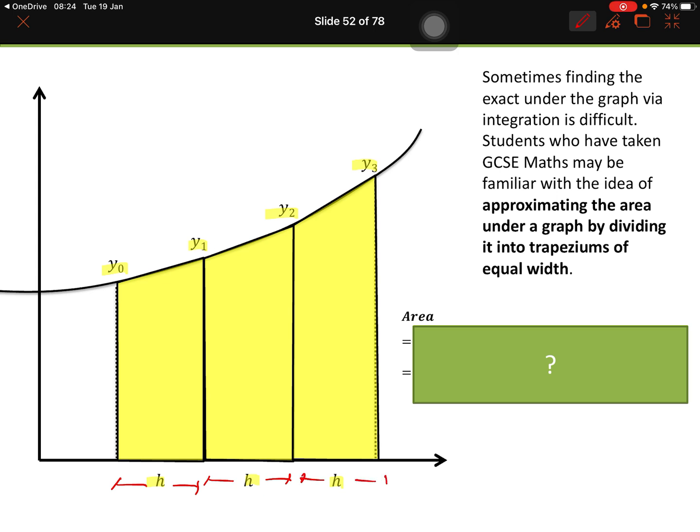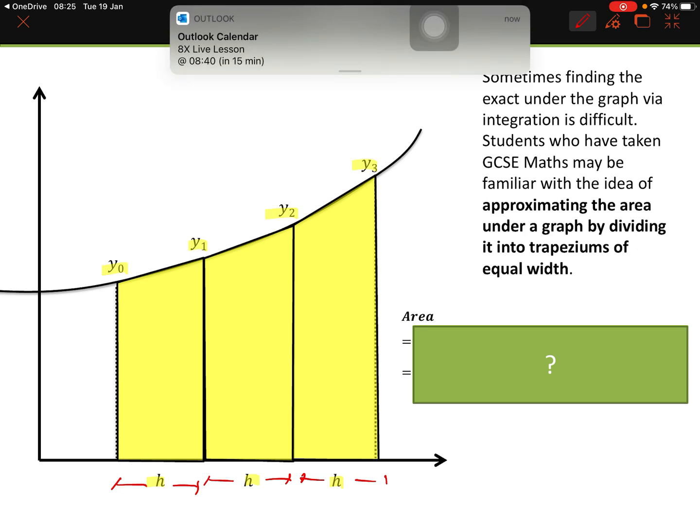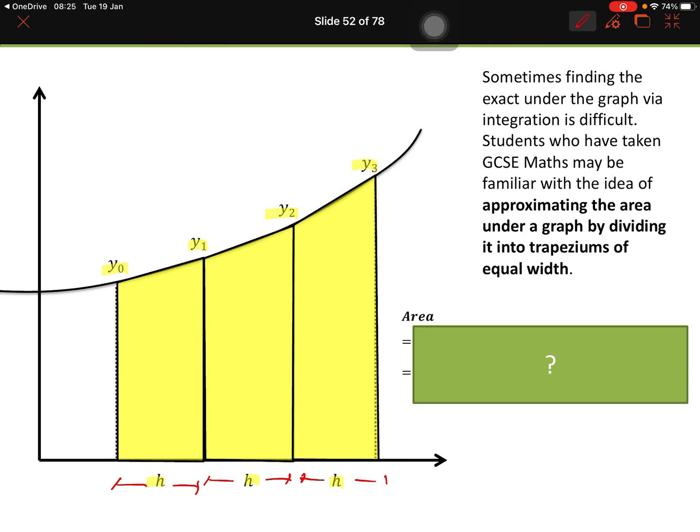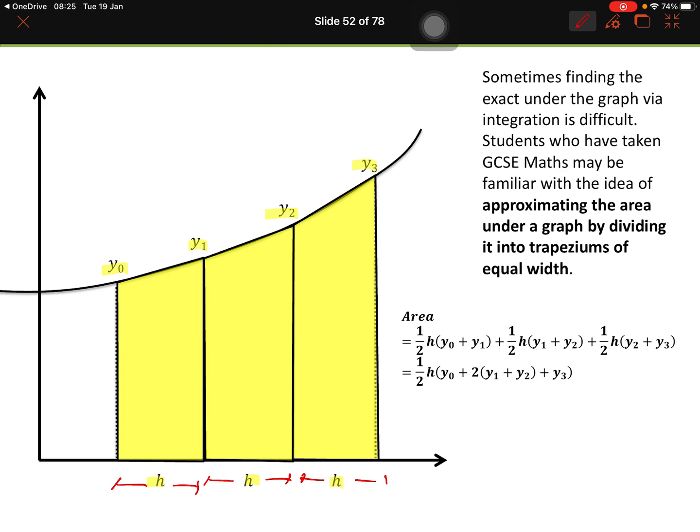Now, the trapezium rule tells us that we can use this to approximate our area. All we do is we treat them like trapeziums, hence the trapezium rule. So we will just find the area of each trapezium and we can add them together. What we can do is simplify this slightly. The top one tells us the area of each trapezium: it's half of the height times the parallel edges added together.